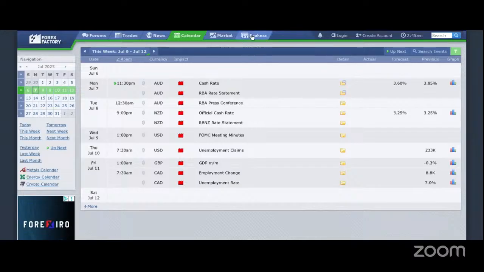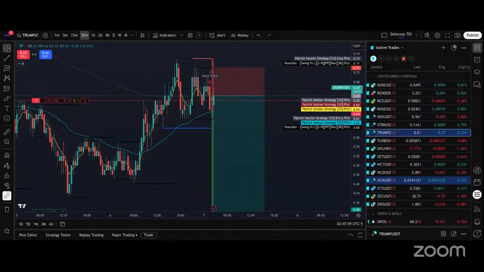So let's go ahead and opine a little bit on what is expected to happen. With respect to the cash rate decision, the market consensus is we're going to have a 25-point basis cut to 3.60%.